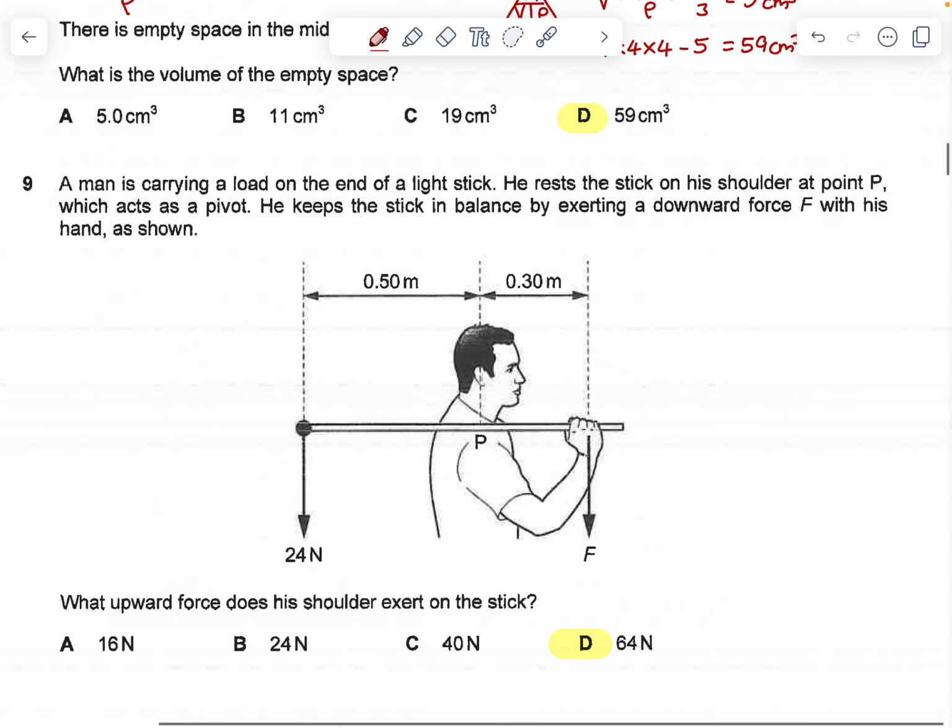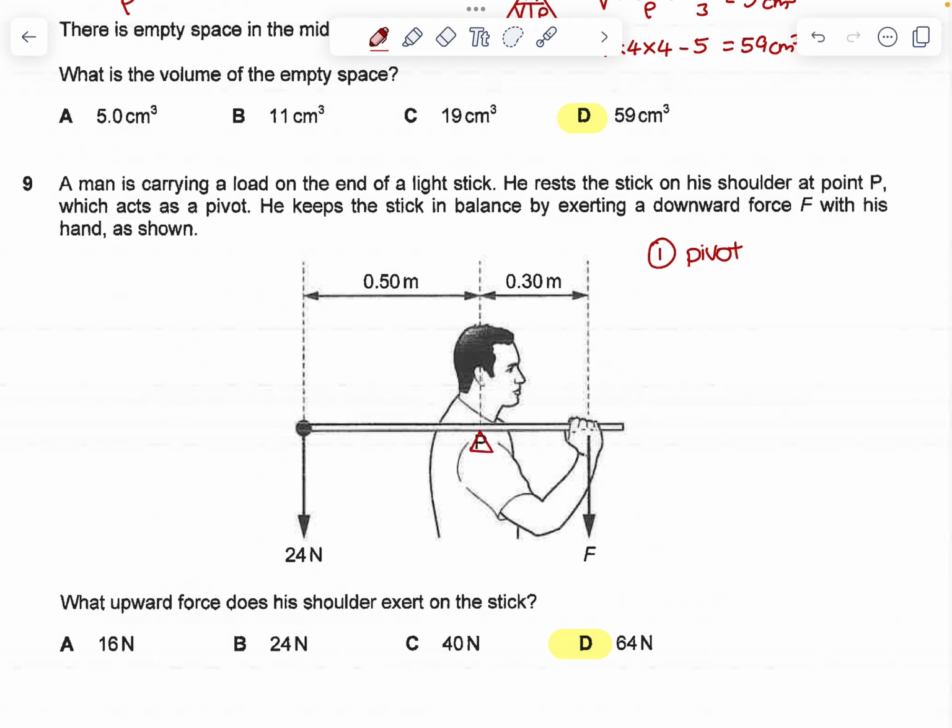Okay, question 9. A man is carrying a load at the end of a light stick. He rests the stick on his shoulder at point P, which acts as a pivot. He keeps the stick in balance by exerting a force F with his hand as shown. So for questions on moments, the first thing we find is the pivot.